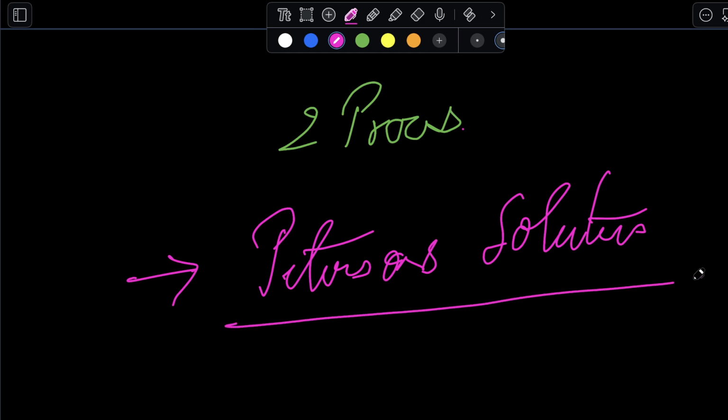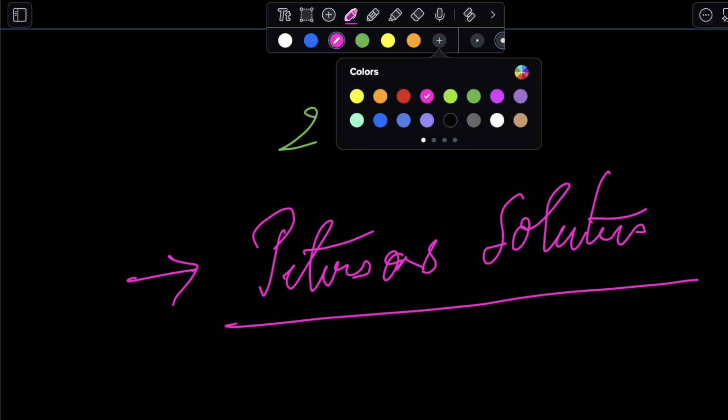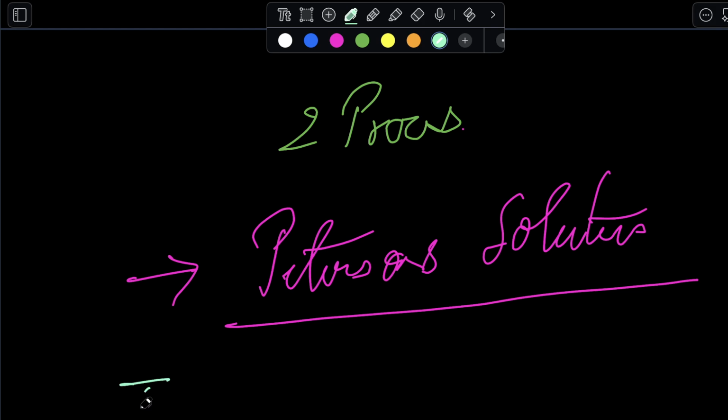This is the perfect way for two processes. For two processes, there is not an issue, right? But in reality, we don't have exactly two processes running.